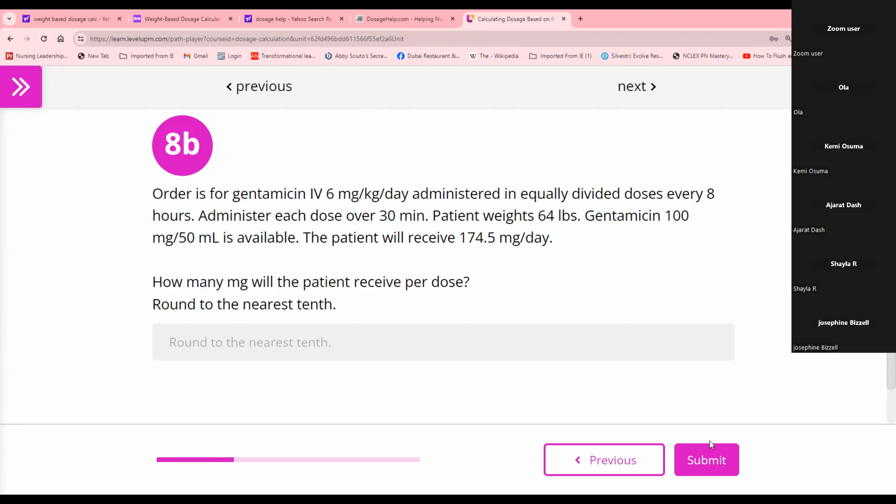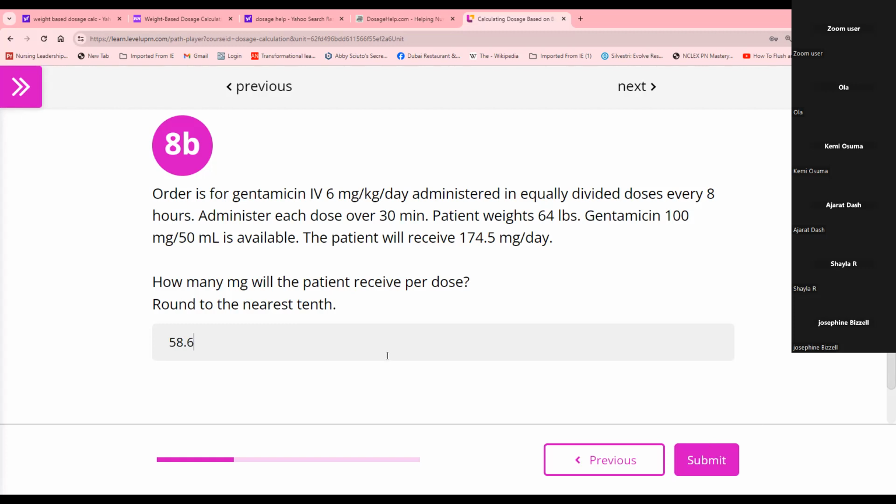I got 58.18. Either way, it's asking you to round it to the nearest tenth. So what's that going to be? 58.2. 58.2, correct. Everybody understand that? Everybody good with that?